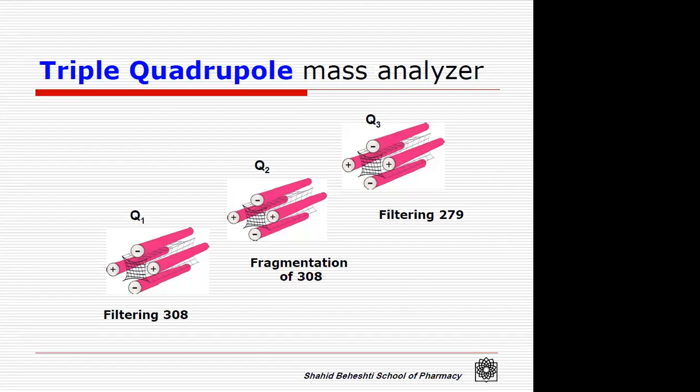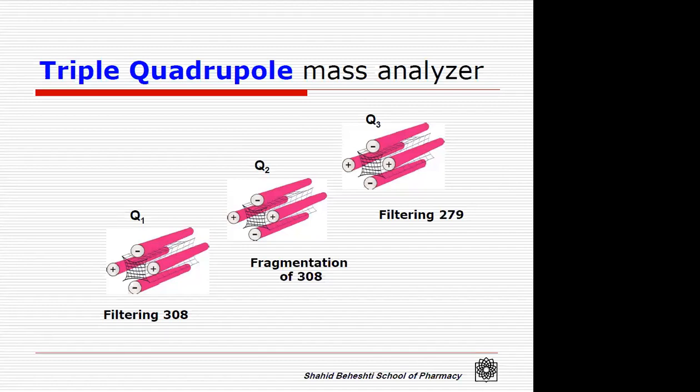Of course, it fragments, but it gives you other fragments which are not equal to the fragment that we get from compound A. Compound A is the only compound which is able to lose nitrogen, and it would give the fragment which has the molecular weight of 279.